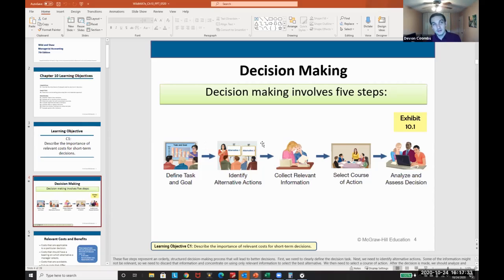Maybe you could have decided to go to a trade school, but you decided, no, I'm going to go to community college. It's affordable, good education. After you collected the relevant information, you decided on that course of action. And then ultimately after this, you'll assess and say, well, I was able to get a good job, or maybe the job market changed and there's another skill you want to go down. But this is the whole process of going through any decision making in your life.